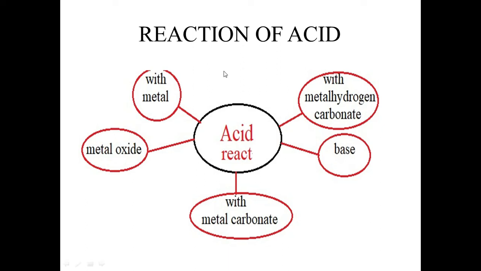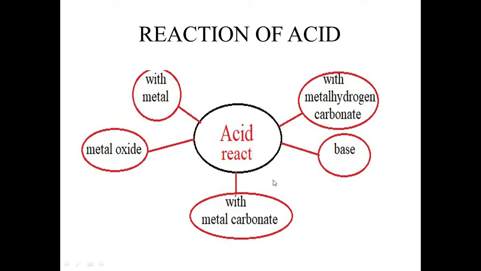Similarly, an acid reacts with a base. That reaction is well known, called the neutralization reaction, which we already studied in chapter one. An acid may react with carbonates and bicarbonates to give carbon dioxide gas as one of the main products. Carbonates always release CO2 on decomposition.